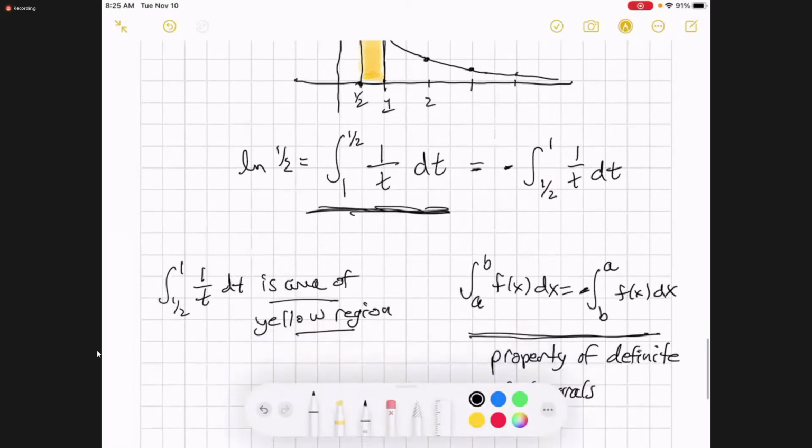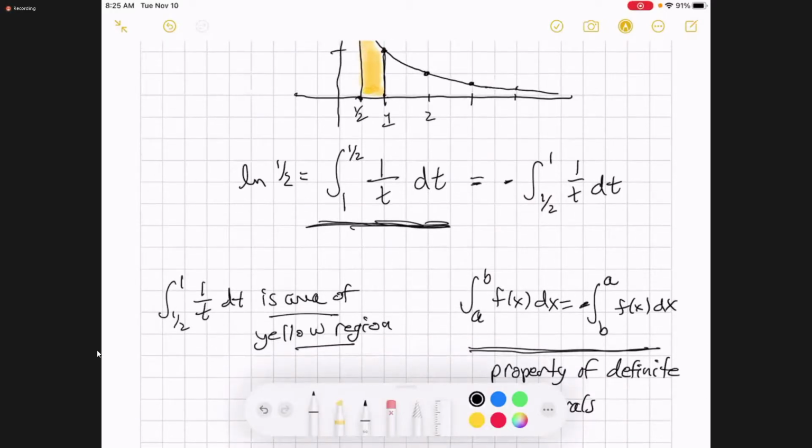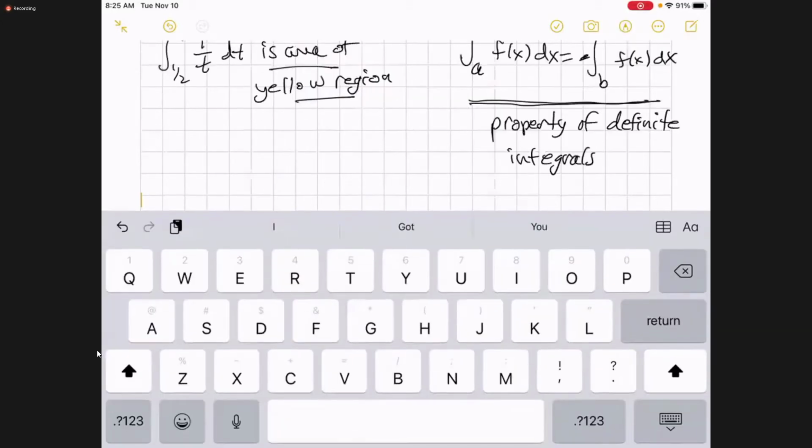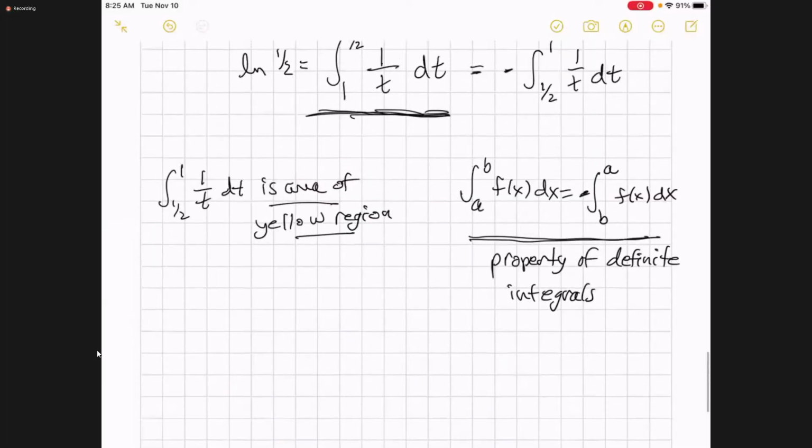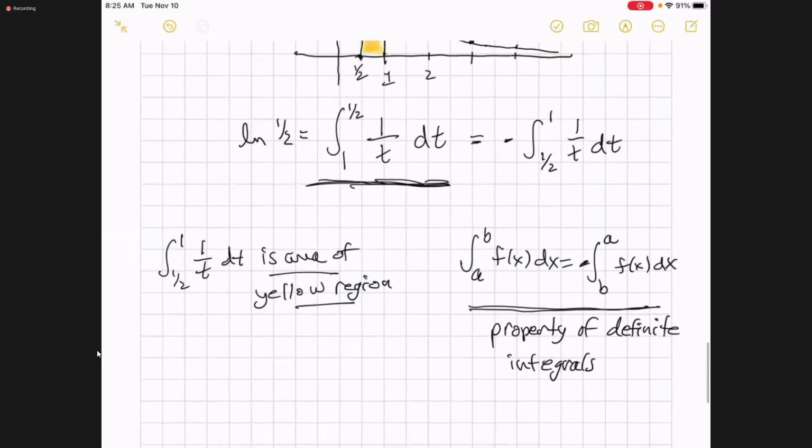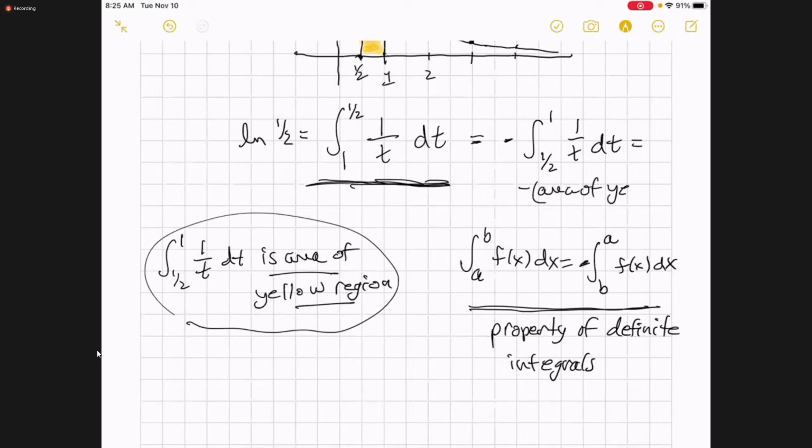Okay. And that means that ln of a half is by definition the integral from 1 to a half of 1 over t dt. And that's equal to minus the integral from 1/2 to 1 of 1 over t dt. So it's minus that area, minus the area of the yellow region.